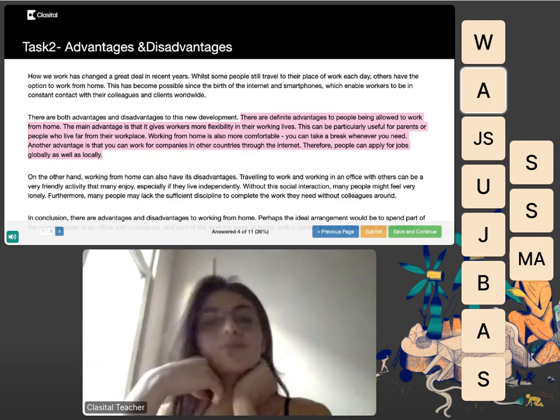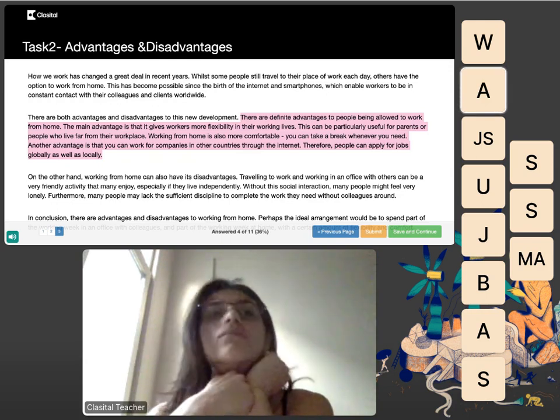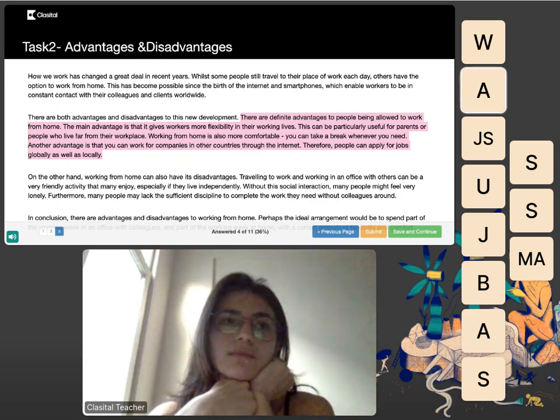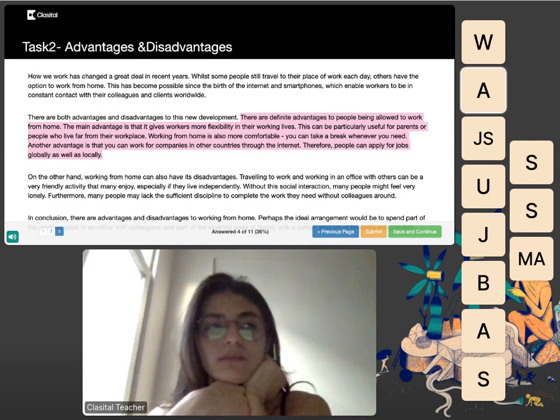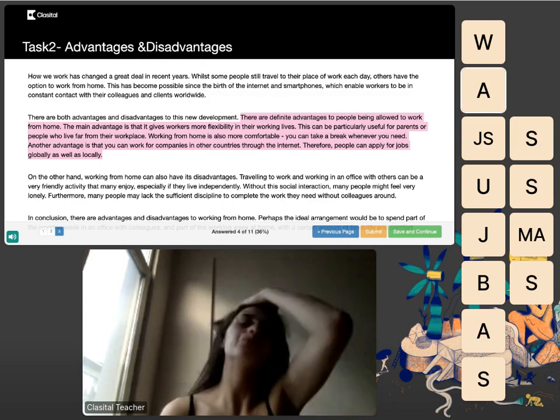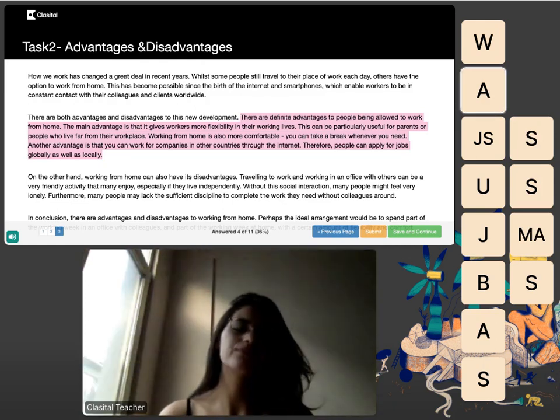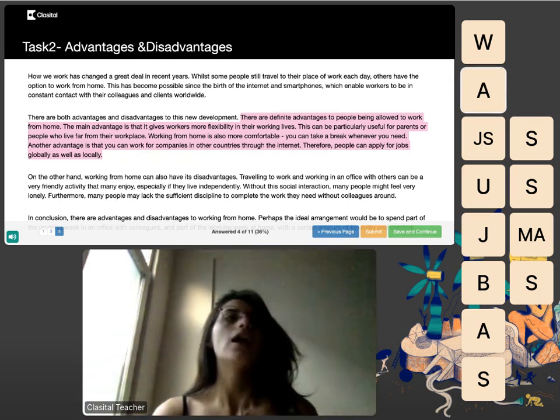In the second paragraph we can write one advantage with support, then say however or although, and write another disadvantage. Then in the third paragraph we write the second advantage and second disadvantage, and then come up with the conclusion.